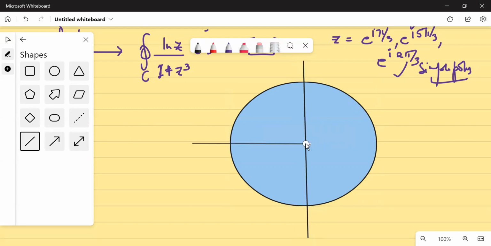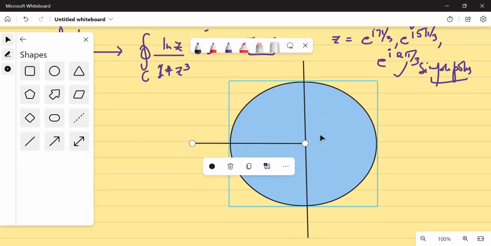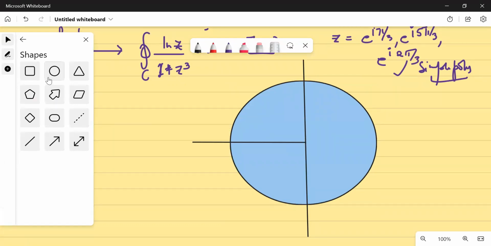Okay, so I would do this. I would simply try to circumvent my origin with a circle of infinitesimally small radius, so that my branch point no longer remains in the contour of integration.